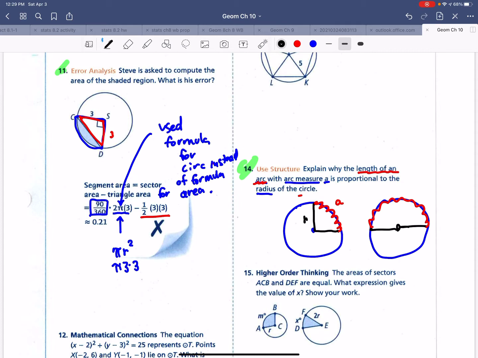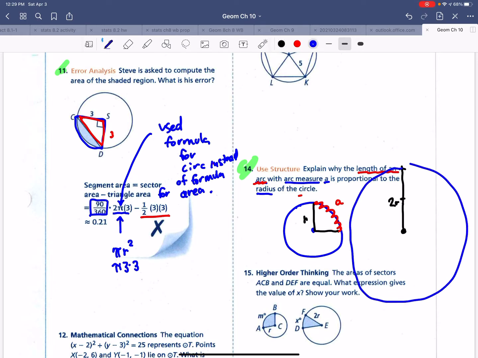And so I made a different picture. So why would this be proportional? Okay, so I guess I should make one that's bigger. So let's say we make a circle that's double R. So this looks like 2R. And we'll make a circle that's about the same. It looks a little squishier.